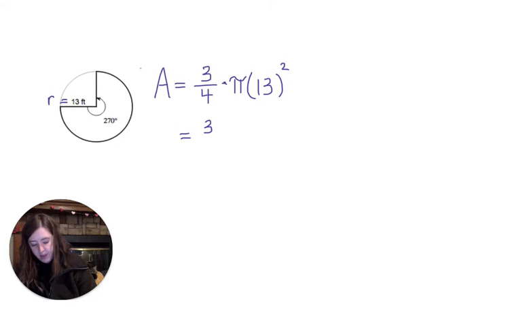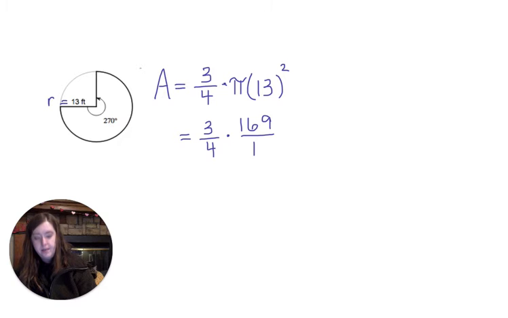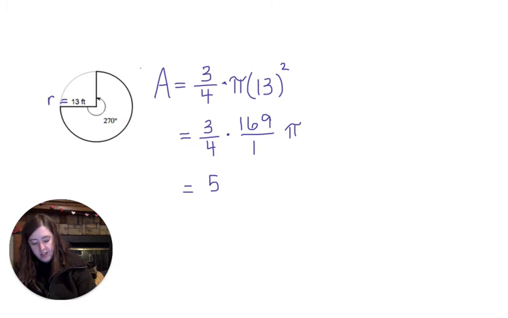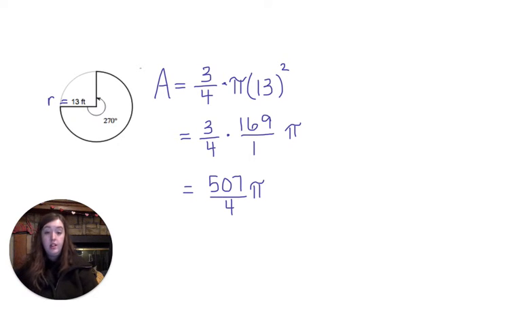So I'm going to go ahead and put 3/4 times, and I'm going to put 169 on top. I'm going to put a 1 on the bottom. And that pi is still coming along for the ride. And remember, when we multiply straight across, 3 times 169 is 507. 4 times 1 is 4. So we have 507 over 4 pi.